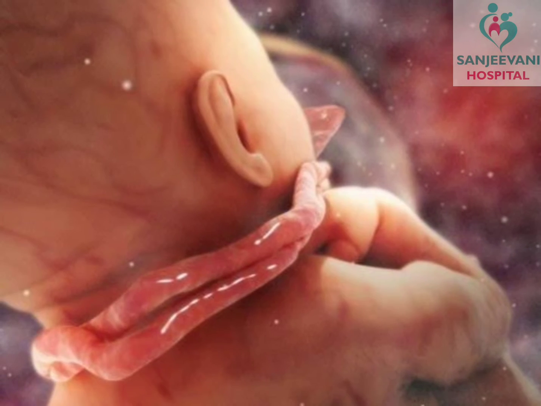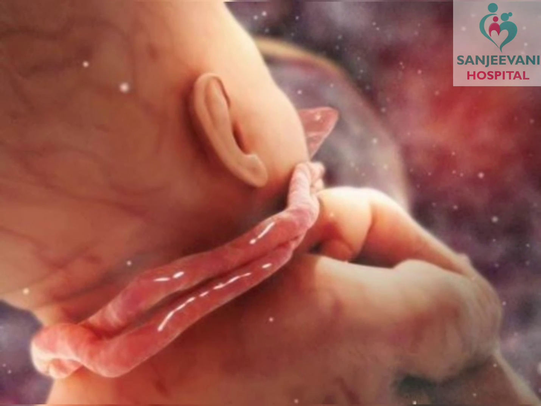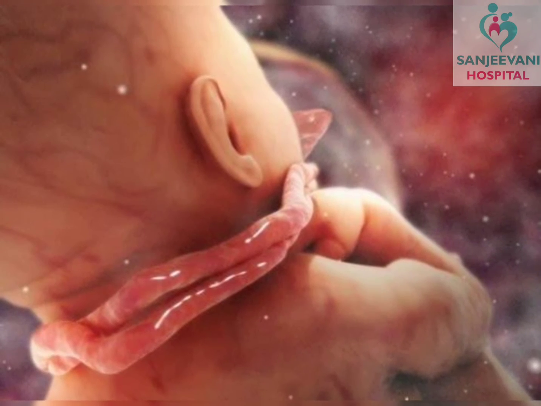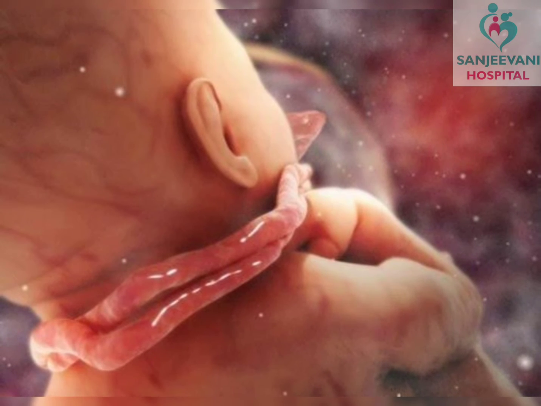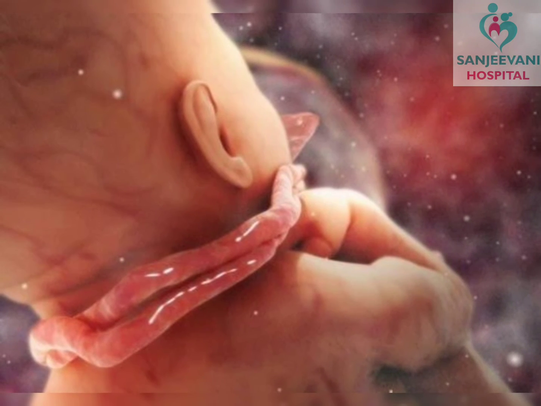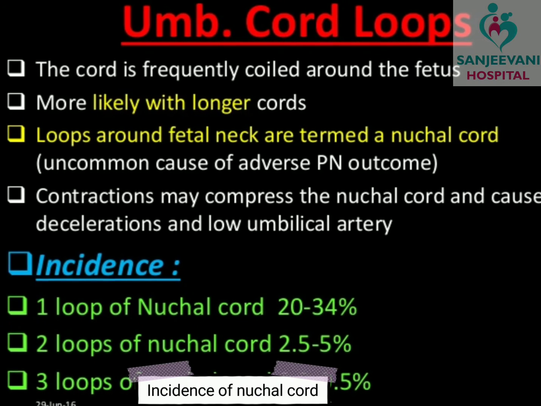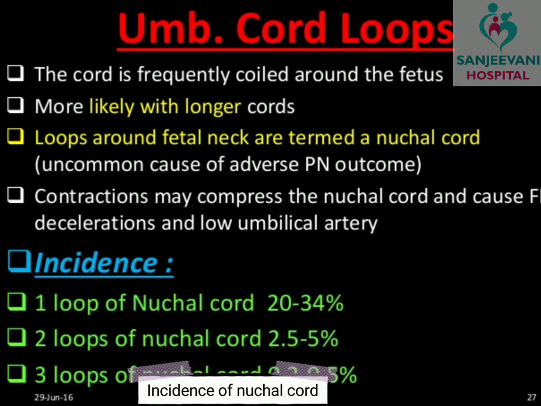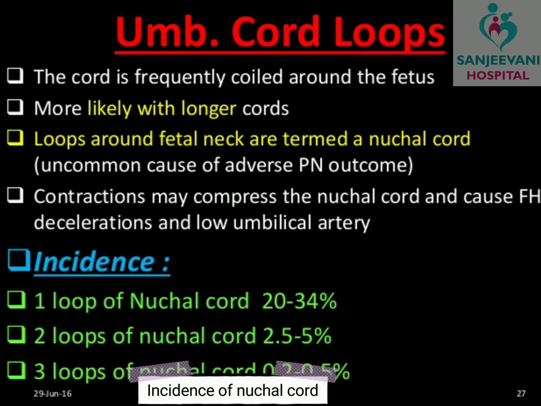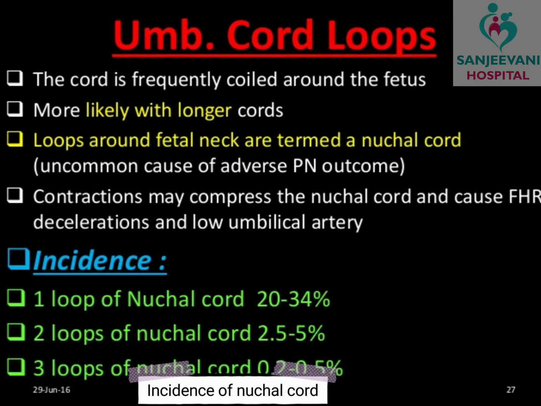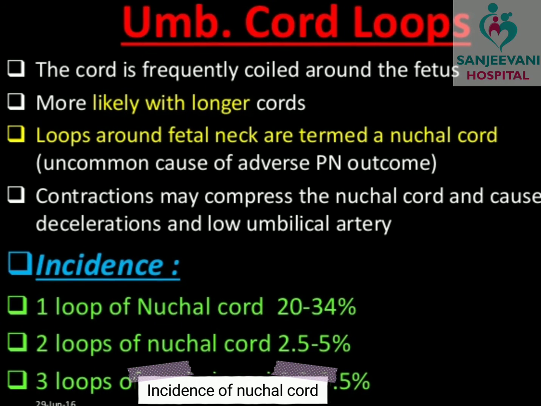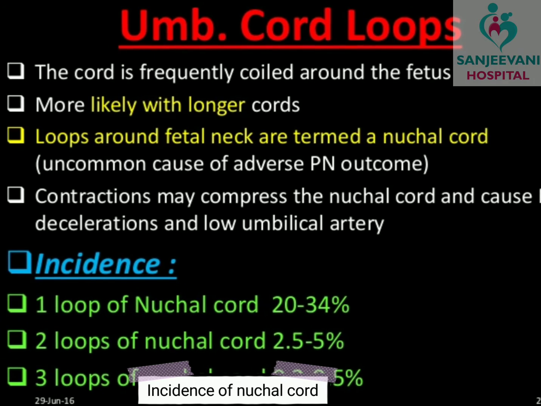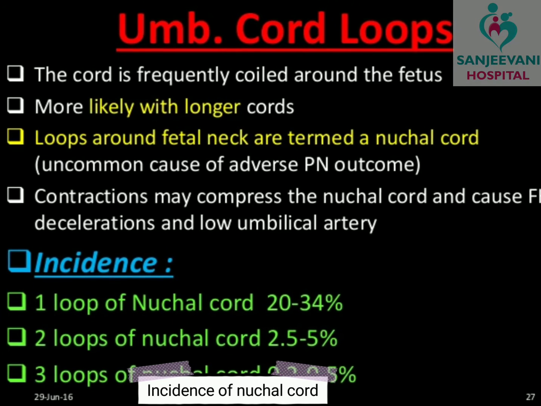In this image, you see there are almost two loops of cord around the neck of the baby. So how common is the presence of loops of cord around the neck of the baby? Most of the time, it is a single loop of cord around the neck, and this is commonly seen in around 20 to 34% of babies at the time of delivery.